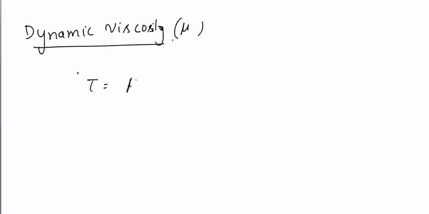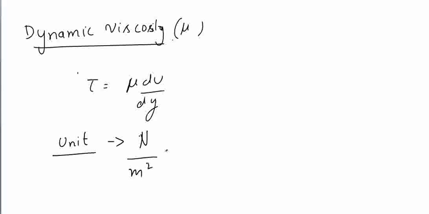So tau is equal to mu into du by dy. Unit of dynamic viscosity is Newton second per meter square, or Pascal second.